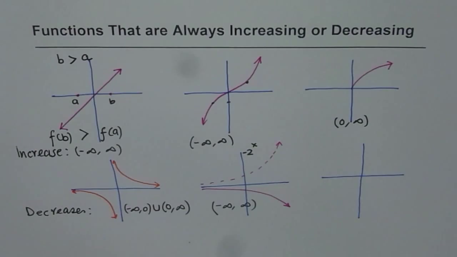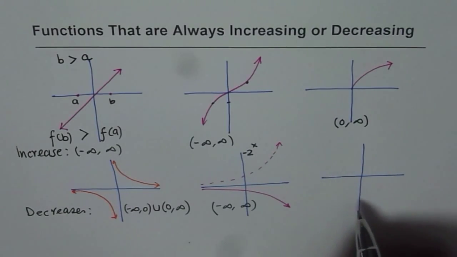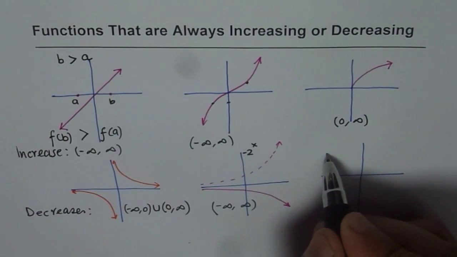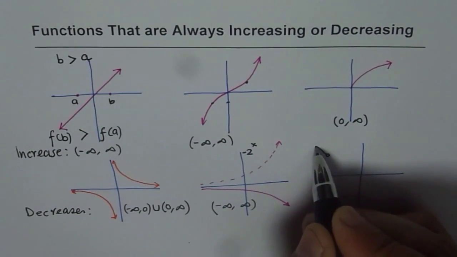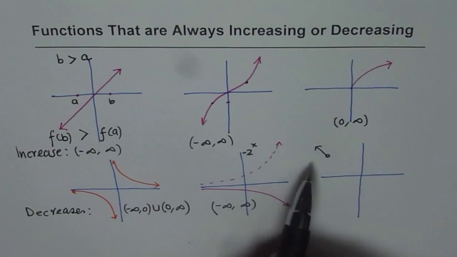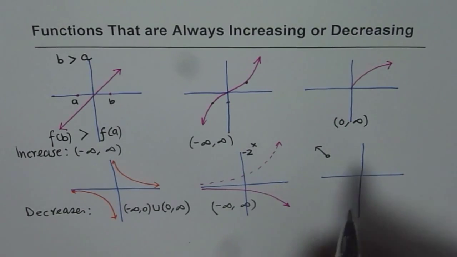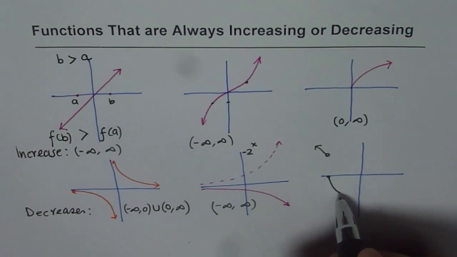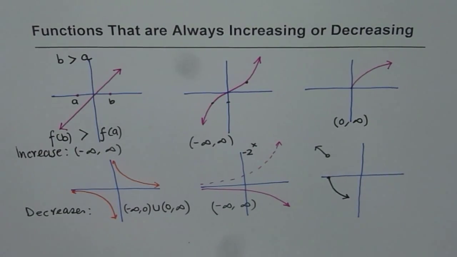At times you can sketch a piecewise function which could be always decreasing, right? For example, you can have pieces combined together like this. It shows that the function is decreasing as you move to this point, right? And from here the function could be a combination of another function.